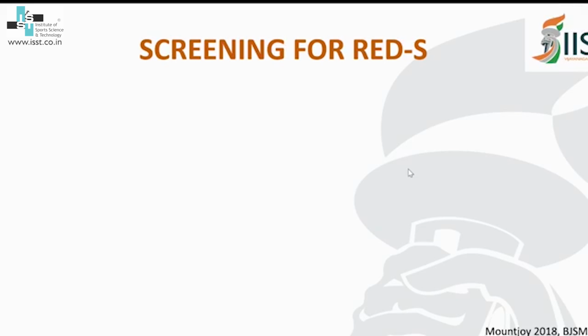So how are we going to screen? There are a few methods that have been suggested by the International Olympic Committee. The first one is the periodic health assessment. What that would mean is semi-annually or annually, however the system is at the institute or center you're working at. What that would include is a thorough blood profile check.